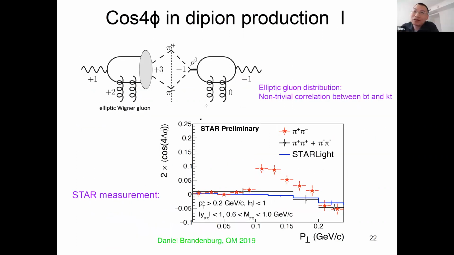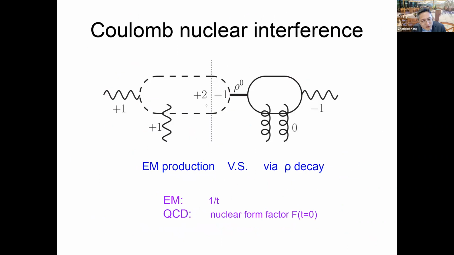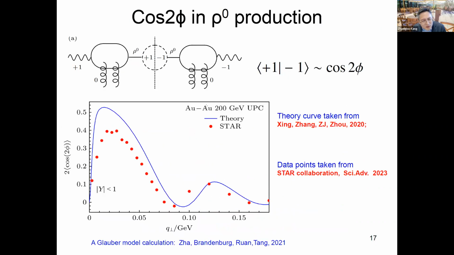So do you really have a gluon degree of freedom or not? It's not necessarily gluon, right? I have to admit that the perturbative calculation is not well justified for rho zero production, so you have to use some model input. I see. Okay.